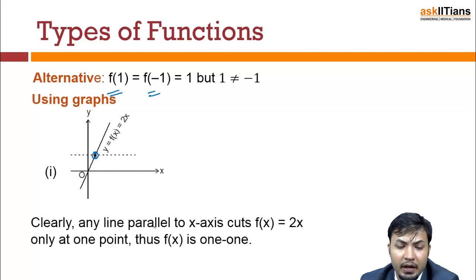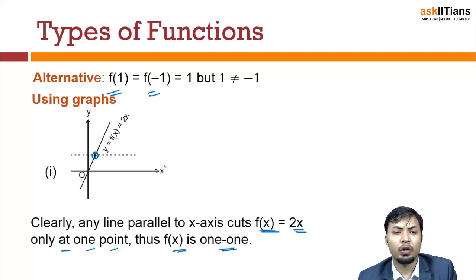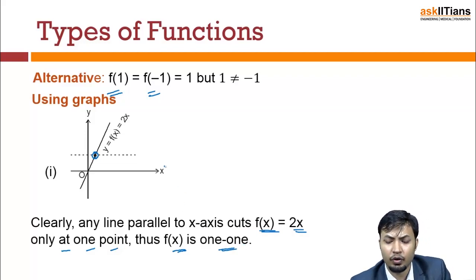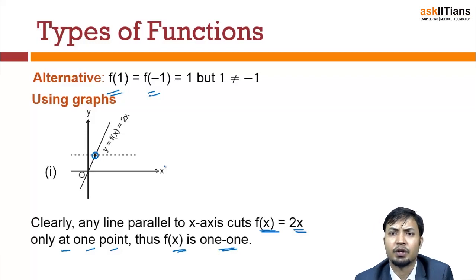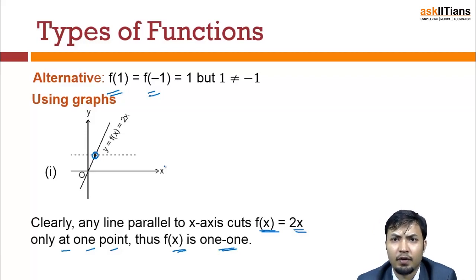Clearly, any line parallel to the x-axis cuts f(x) at only 1 point, thus f(x) is one-one. So these are all the parameters that you need to check before you confirm whether or not this function is a one-one function.